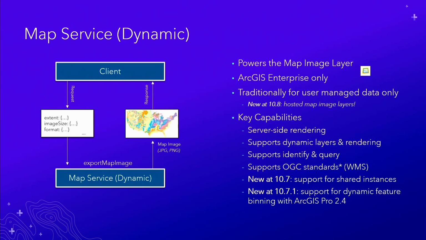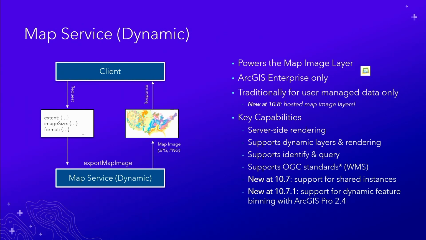It does support dynamic layers and rendering, which means that you can change not just the extent and the image size, but you can tell it which layers you want to render, even layers that weren't pre-configured with the map service to begin with, and you can pass in rendering instructions on the fly, which means that the client can determine how it wants the map to be rendered.